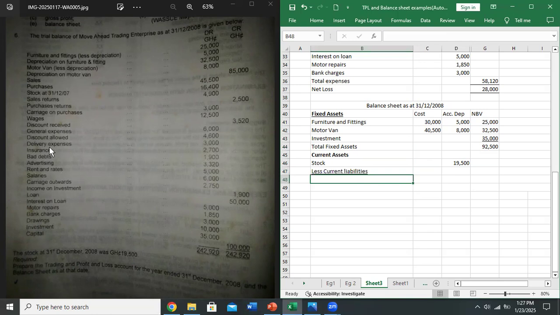I'm not too sure we have creditors, right? There's no creditors. There's no bank overdraft. There's nothing. No current liability. So that would be dash or zero, giving us our working capital.